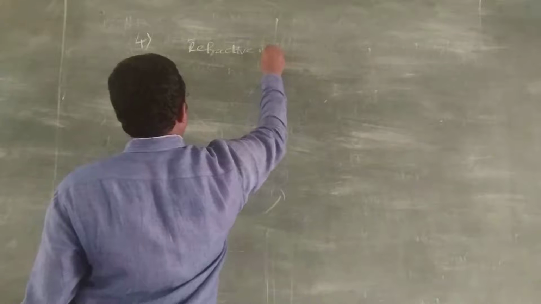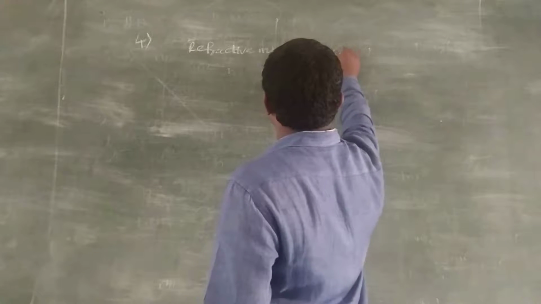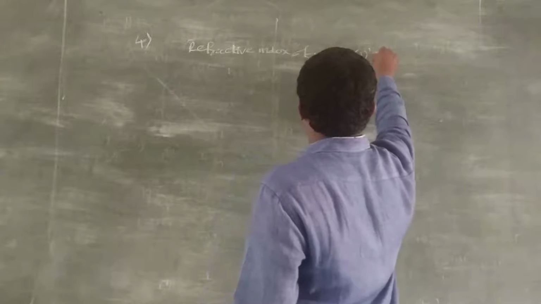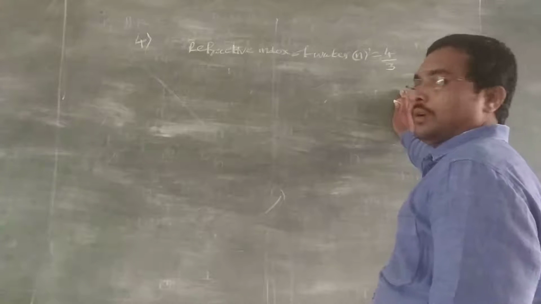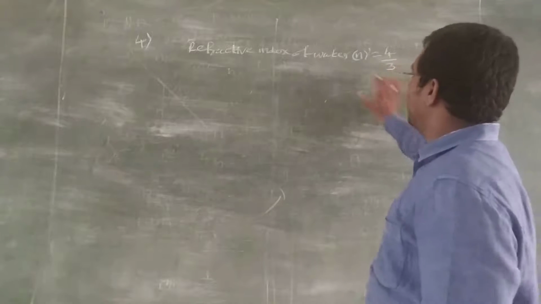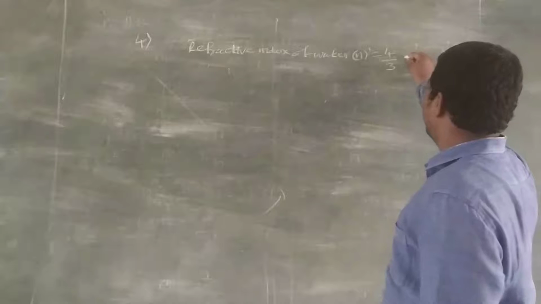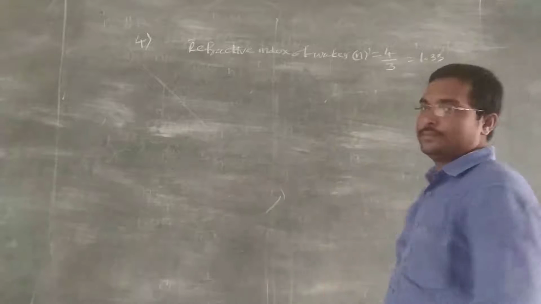Refractive index of water, n is equal to 4 by 3. Already I told you guys, the refractive index of water is 1.33.